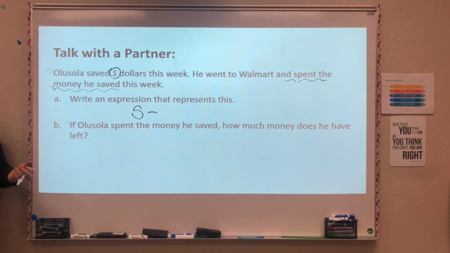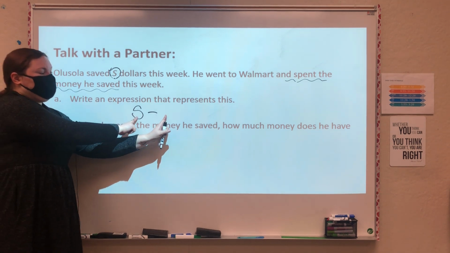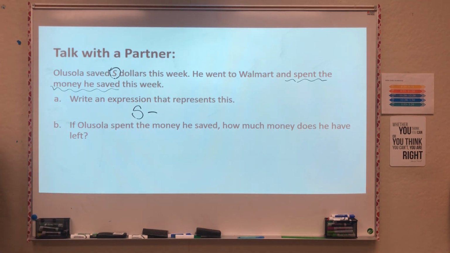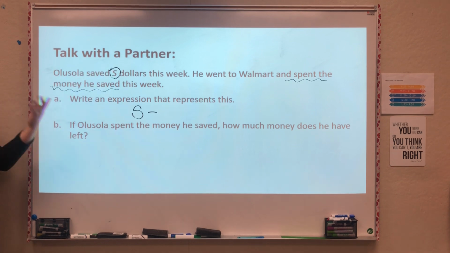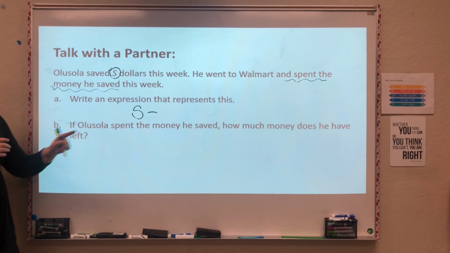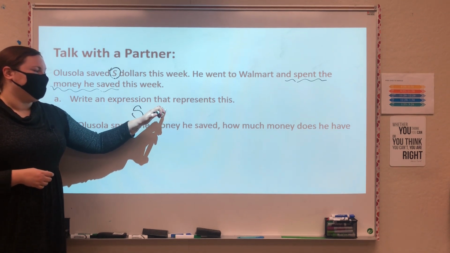If we put the same letter, the same amount. Are these different amounts? No. Why not? He spent the money he saved. He spent the same thing he saved. If it's the same, we've got to use the same letter. So we're going to say S minus S.